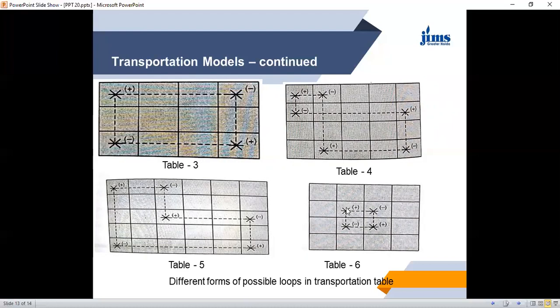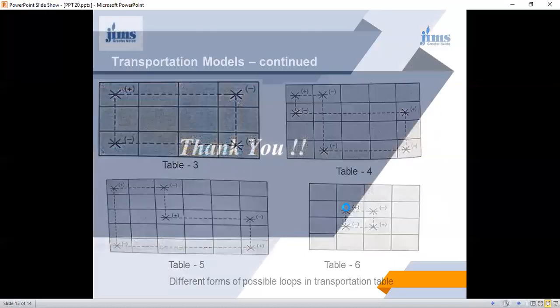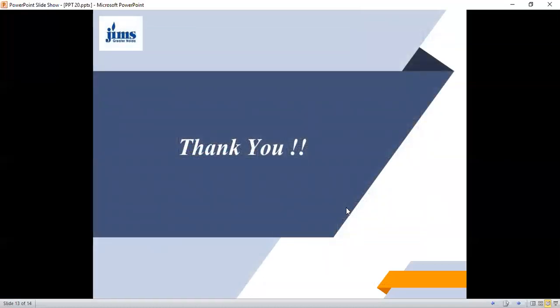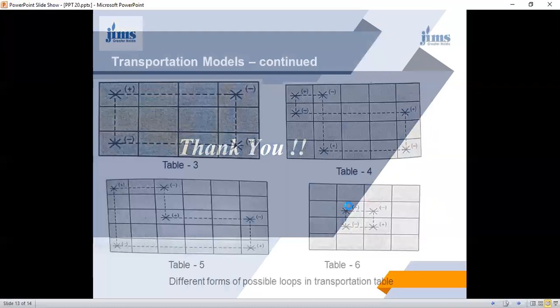And the allocations should be such that it is not possible to change a direction at any point so that you are able to return to the same point starting from there.